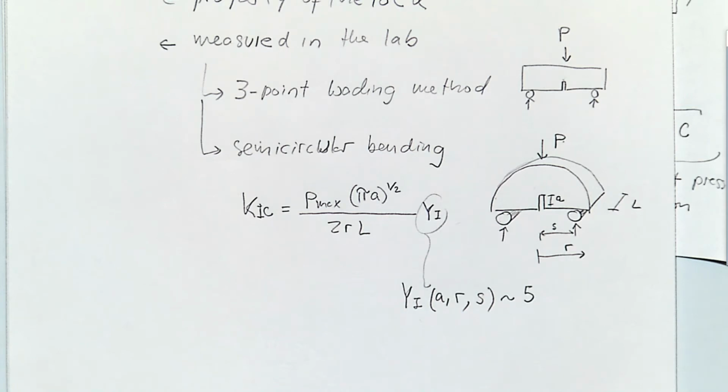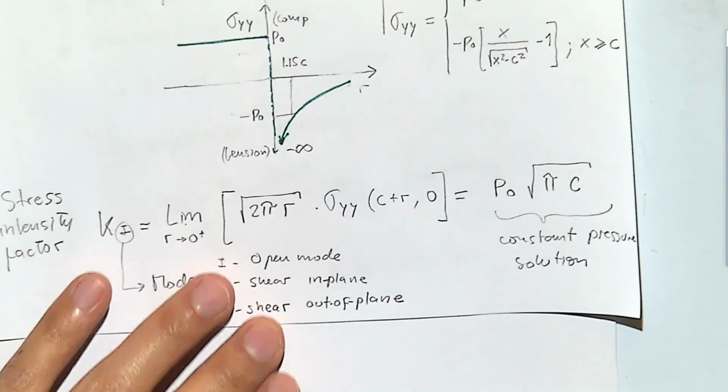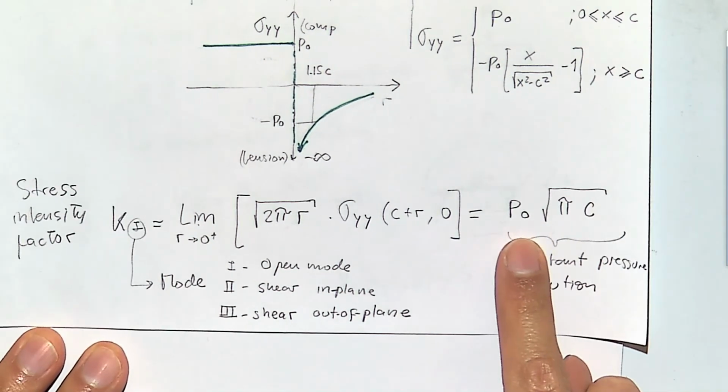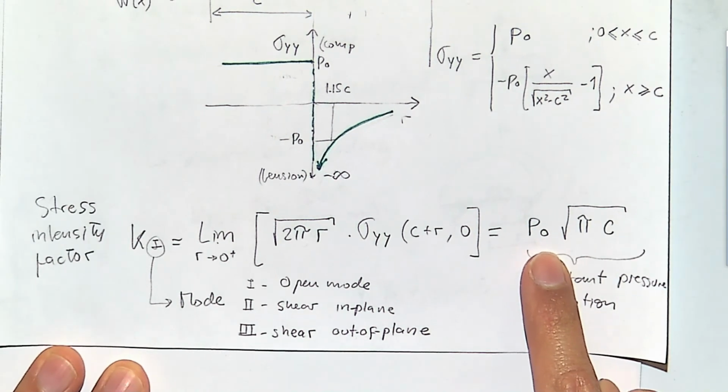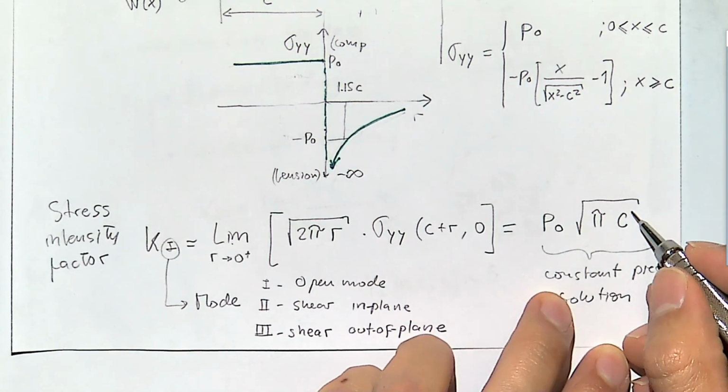Okay. So something very important to notice here is that the stress intensity factor is proportional to pressure, which makes sense, but it's also proportional to the half length of the fracture.